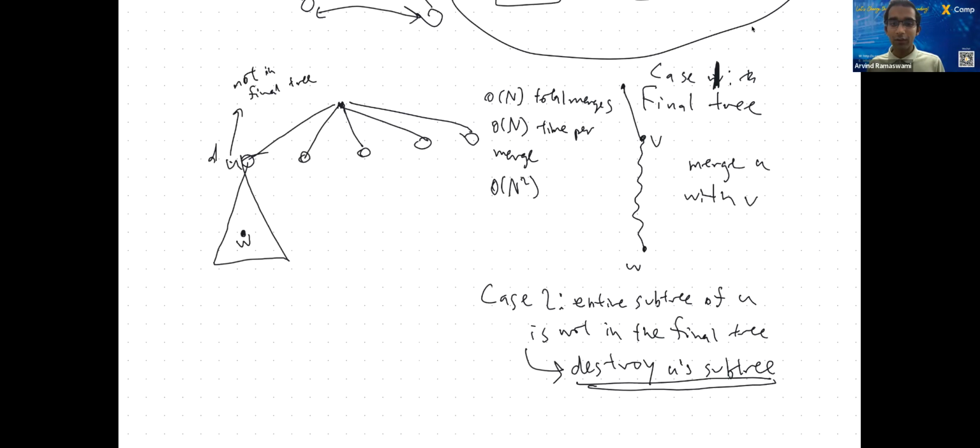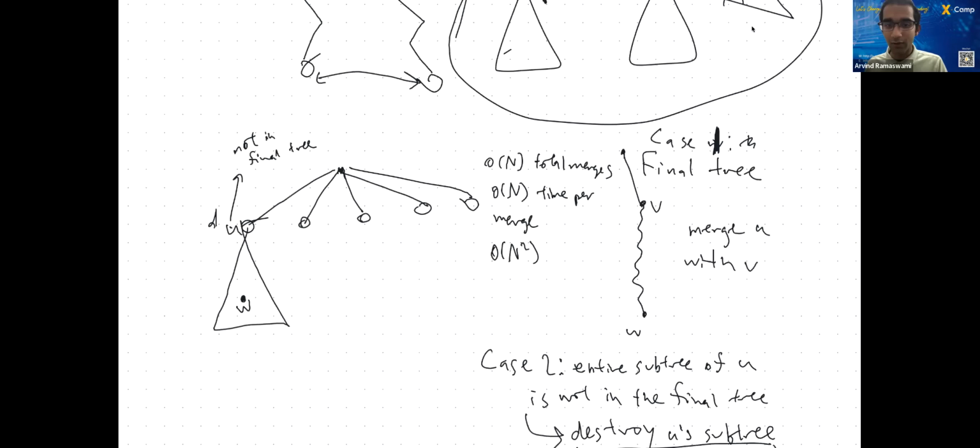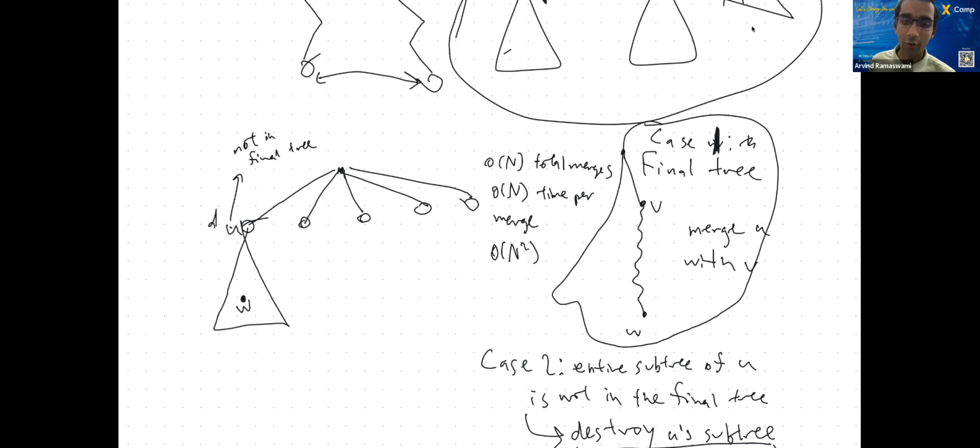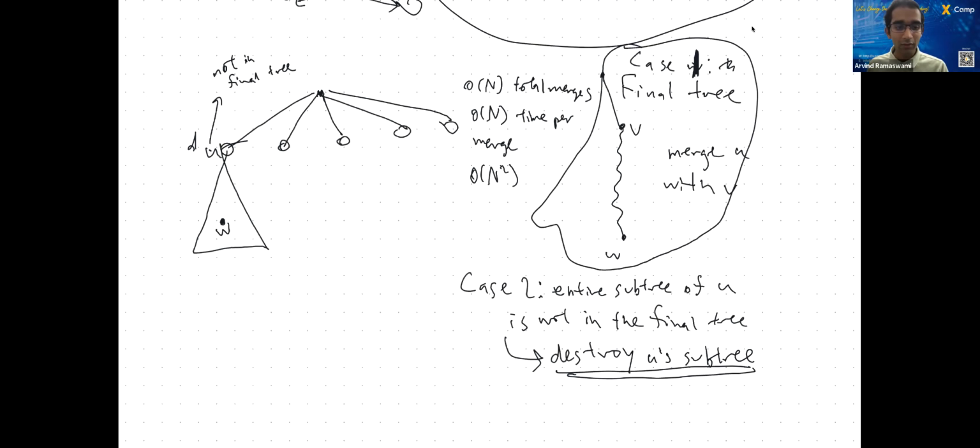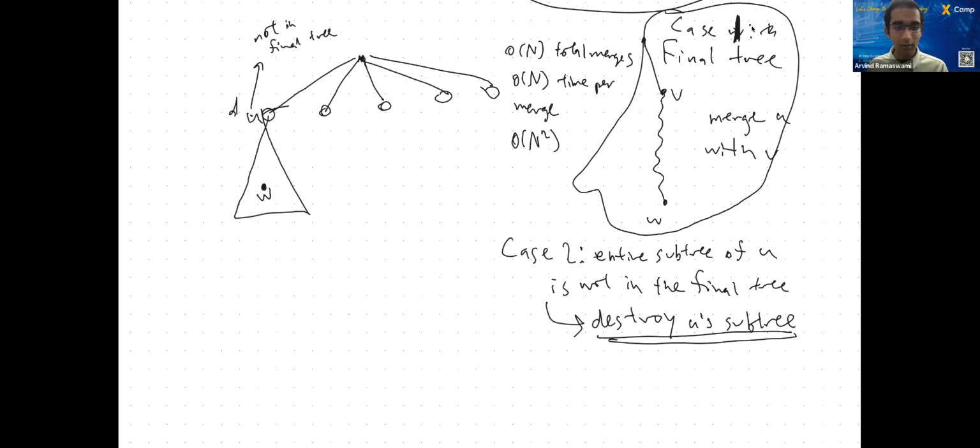So the solution we'll proceed with is processing things of the form of case one, where you just merge U with V, and then after you process those, you'll basically have your final answer. So you'll have this tree, and then you'll have these subtrees that need to be destroyed.